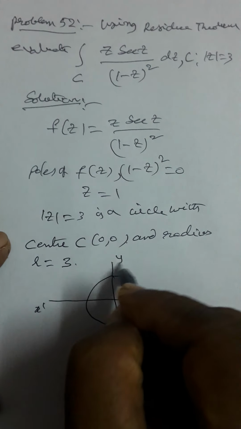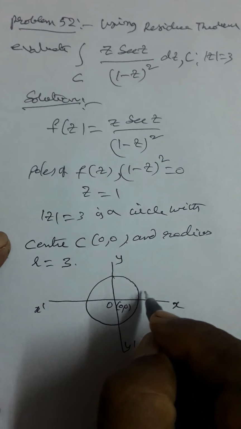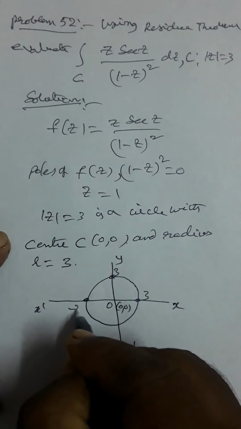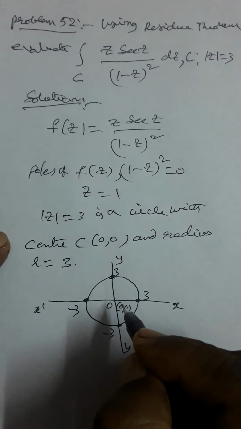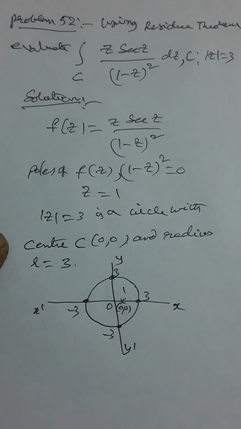Diagram: x dash, y dash, 0, center (0, 0), 3, 3, minus 3, minus 3. So 1 lies inside the circle.